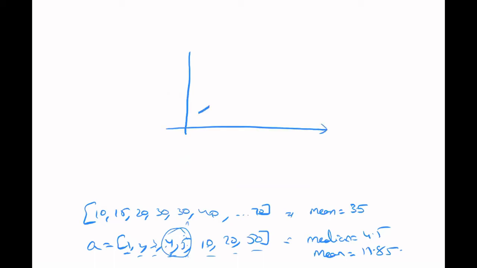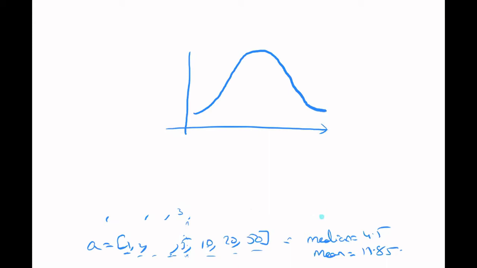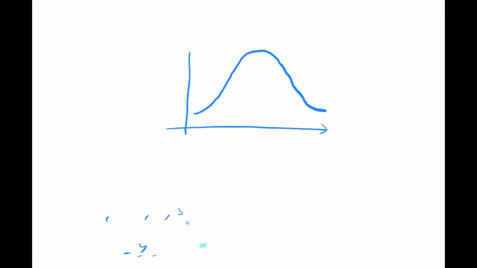Let me draw a smooth curve. I'm not going with any example right now. For this smooth curve, the histogram which we have plotted, let's call it a KDE plot, a density plot. On top of it, let's say your mean is here.